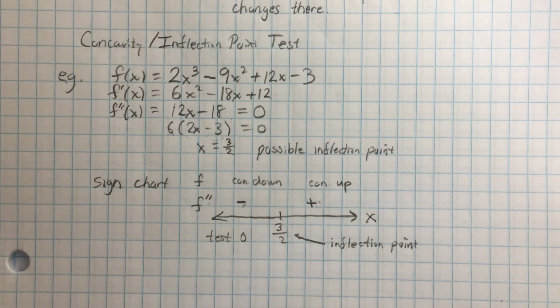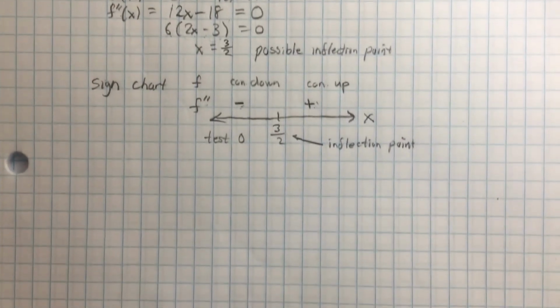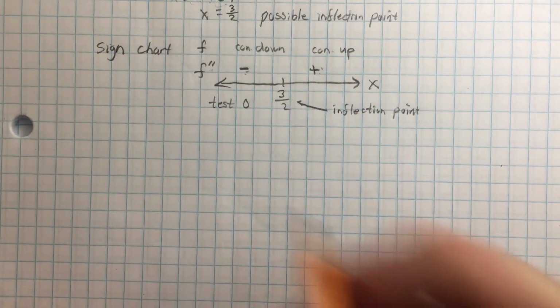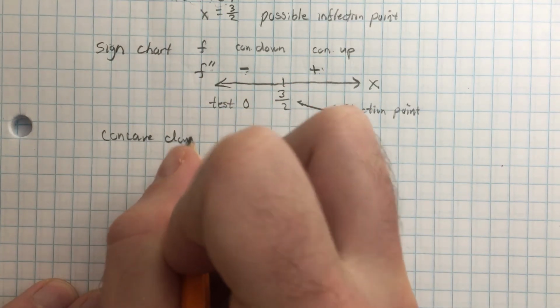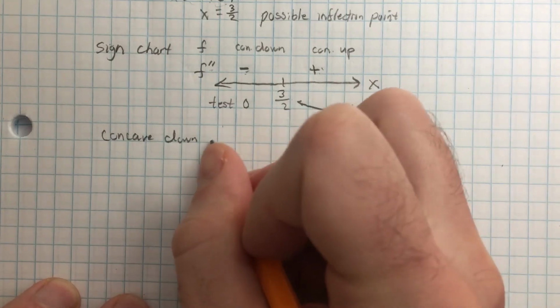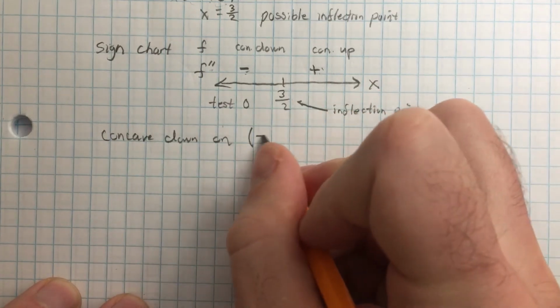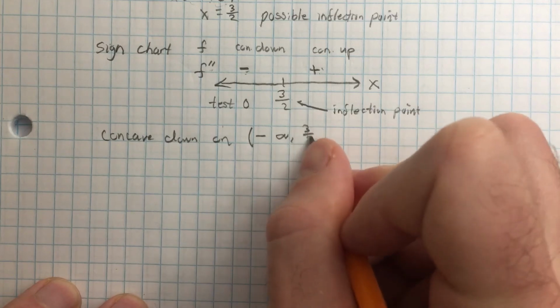Okay, so let's write out what we have. We now know that this function is concave down on the interval negative infinity to 3/2.